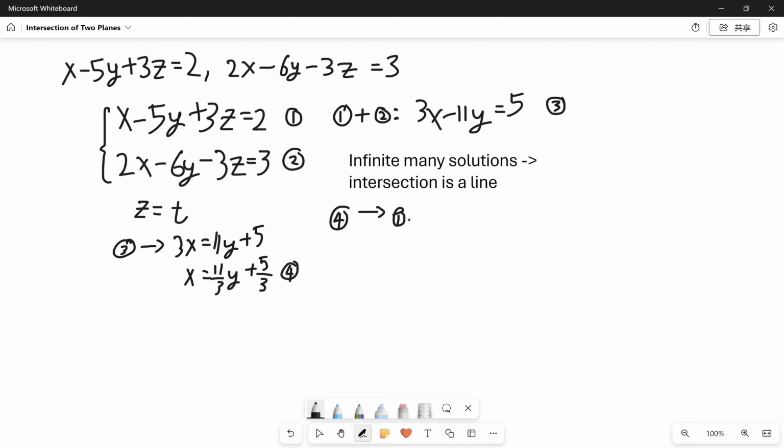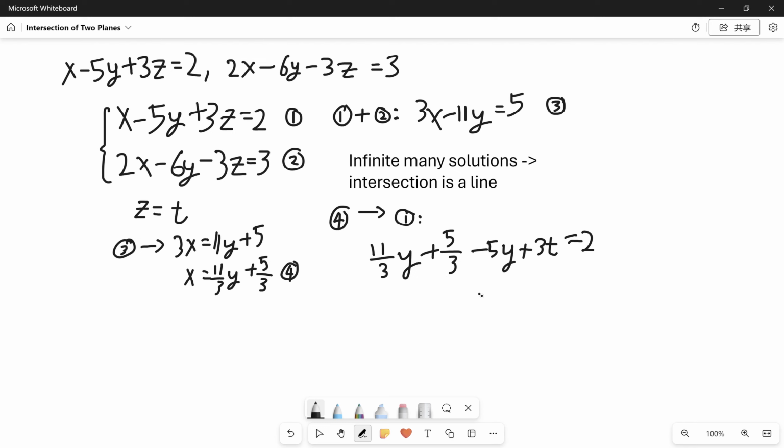So this is equation 4. We'll plug 4 into 1. So x is 11 over 3 y plus 5 over 3, minus 5y plus 3z, where z is t, our parameter, equal to 2.